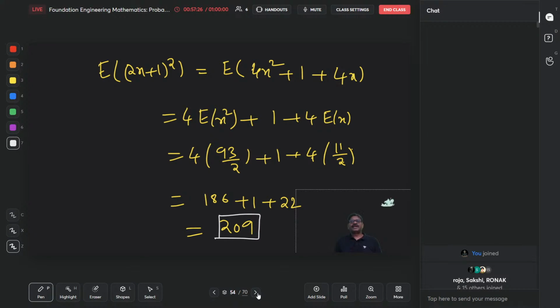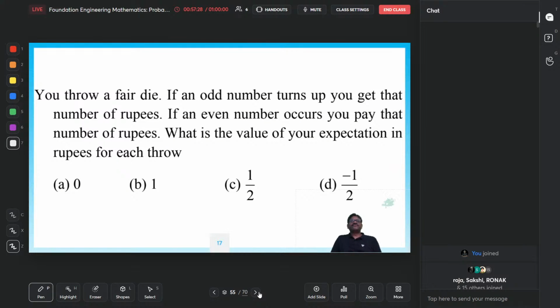Understood? Next problem. If you throw a fair dice, if an odd number turns up, you get that number of rupees. If an even number turns up, you have to pay that number of rupees. What is the value of expectation in rupees for each throw?